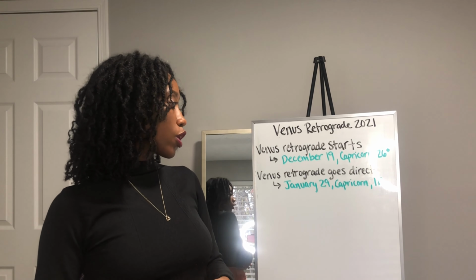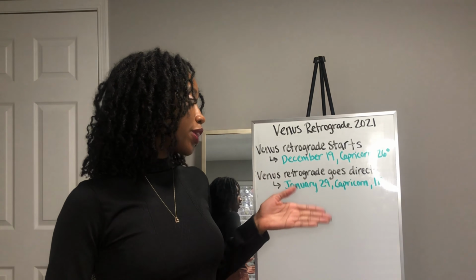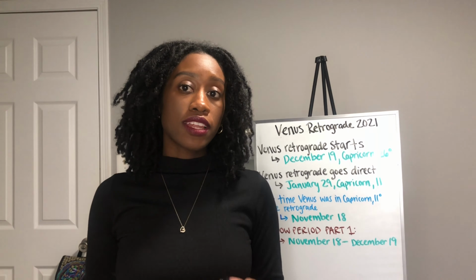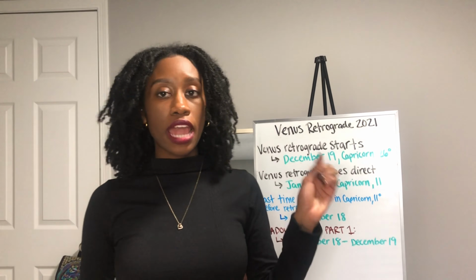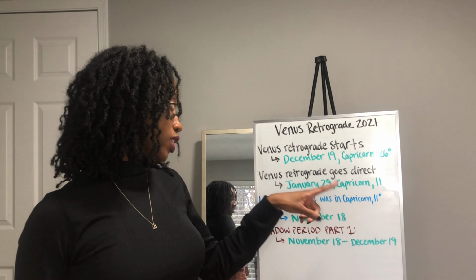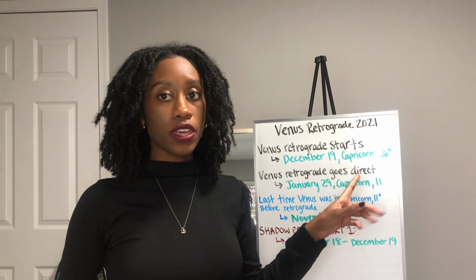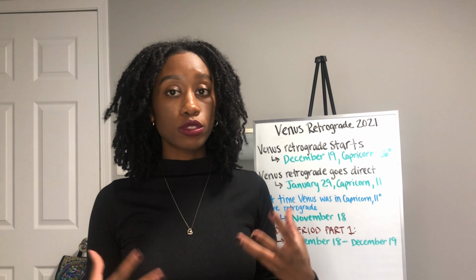Step two is you want to figure out when the planet in question goes direct. So in this case, Venus will go direct January 29th in Capricorn at 11 degrees. Step three is to figure out the last time Venus was in Capricorn at 11 degrees, because remember, that's the sign and degree in which it goes direct.